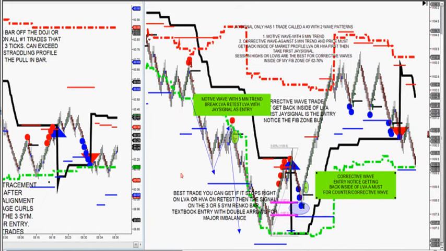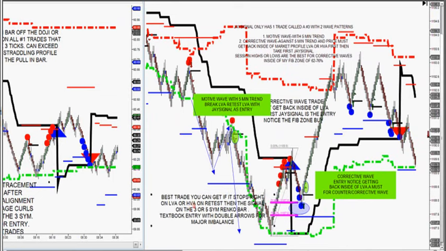All right. So with J signal, it's different. We only have 1 trade setup. Only 1 trade setup you need to know, and that's called a number 3 setup. With the J signal, it's different than the number 1 trade. I don't have a number 1 trade on J signal, because the number 1 trade is a deep retracement with overall trend pullback. What the J signal does is a continuation trade.